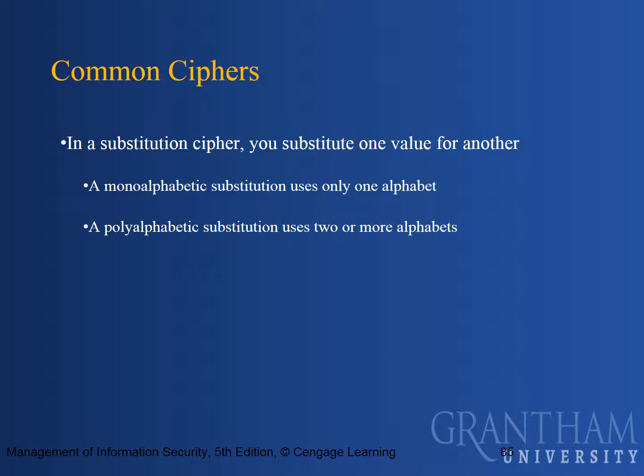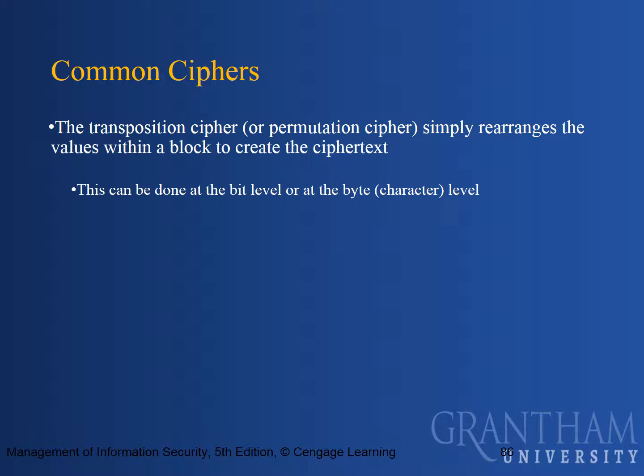In encryption, the most commonly used algorithms include three functions: substitution, transposition, and XOR. The transposition cipher or permutation cipher simply rearranges the values within a block to create a ciphertext.